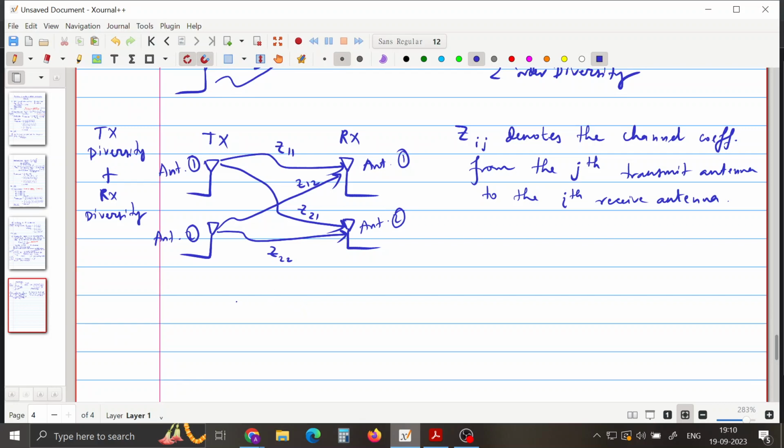You check the transmitted symbols. You formed one table. There are two antennas, antenna 1, antenna 2 at the transmitter side.